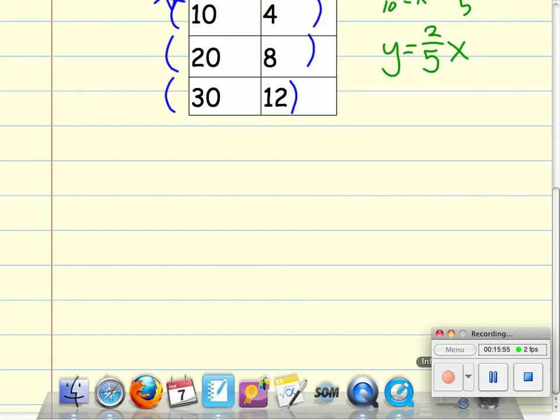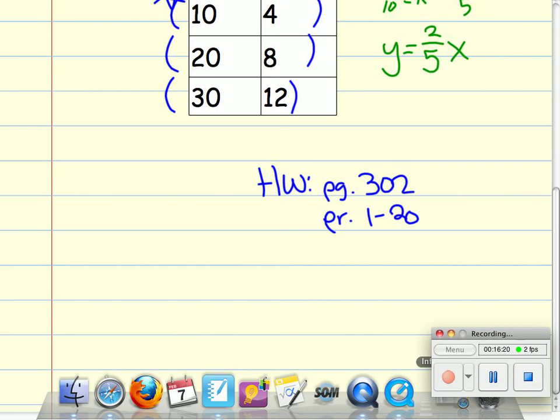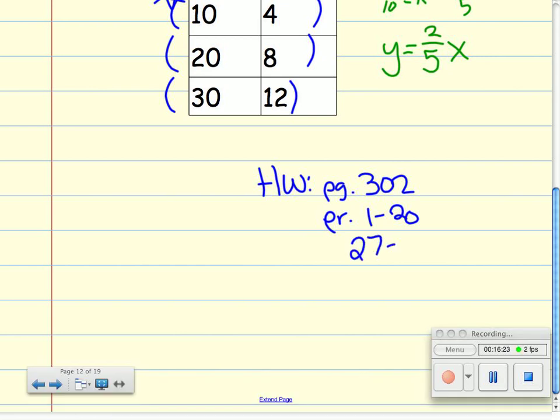Your homework for tonight is going to be page 302, problems 1 through 20, and 27 through 29.